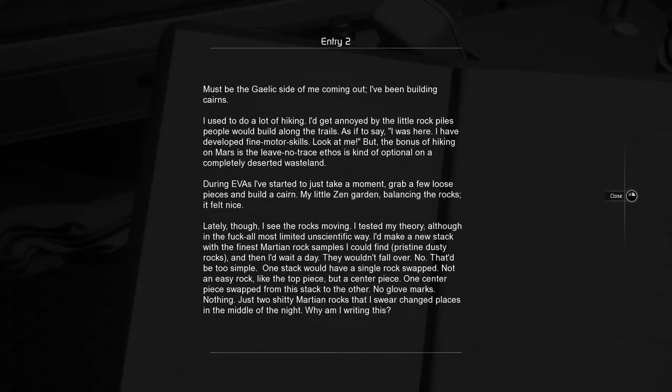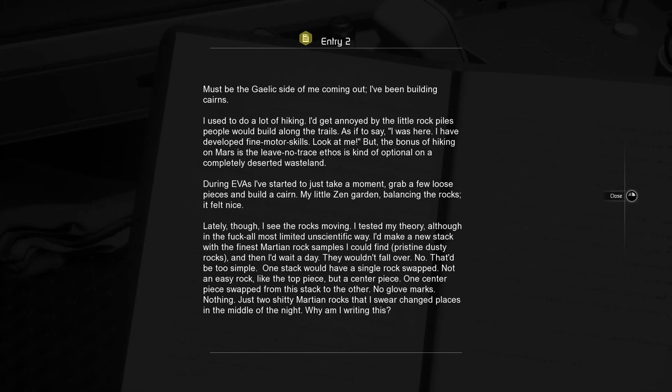Must be the Gaelic side of me coming out. I've been building cairns, yeah, right. I used to do a lot of hiking. I'd get annoyed by the little rock piles people would build along the trails. As if to say, I was here, I have developed fine motor skills, look at me.